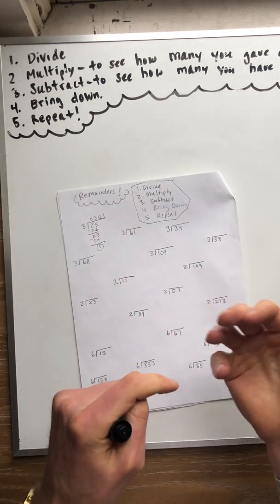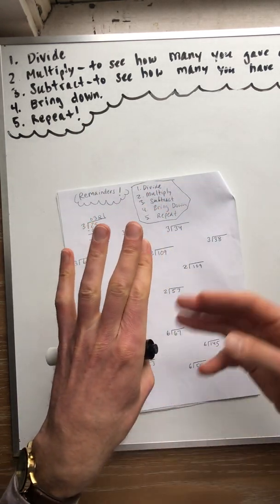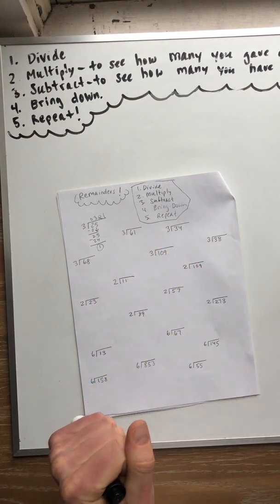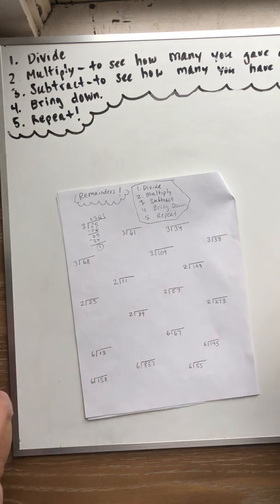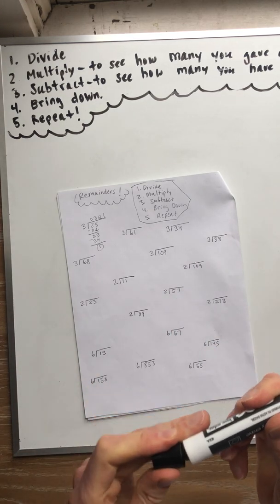So you can't give them to the people. It's like, oh, I've got 4 people, I just have maybe 3 Pokemon cards left, and I can't give each one a Pokemon card, so I've got a remainder.